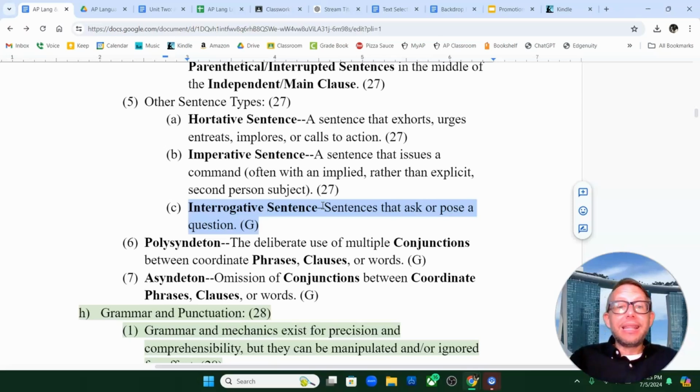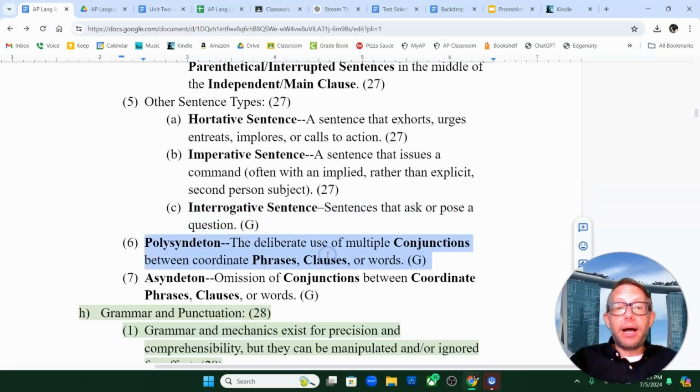Okay. Last two things we've got here are some really rhetorical terms, not ones that I expect you to know from other situations, but also not, I don't think, terribly ridiculous either. They're pretty straightforward. So we've got polysyndeton, the deliberate use of multiple conjunctions between coordinate phrases, clauses, or words.